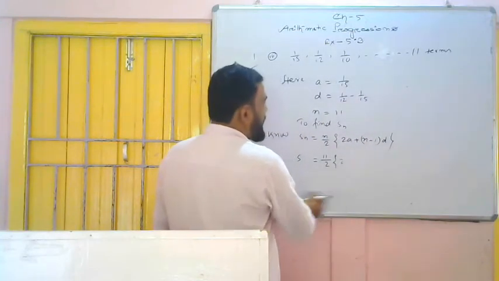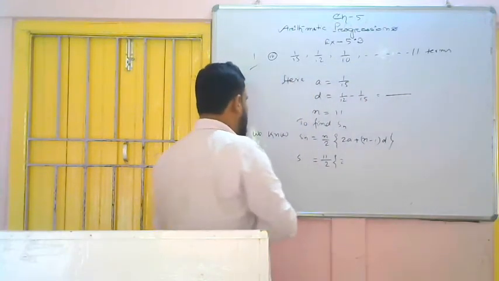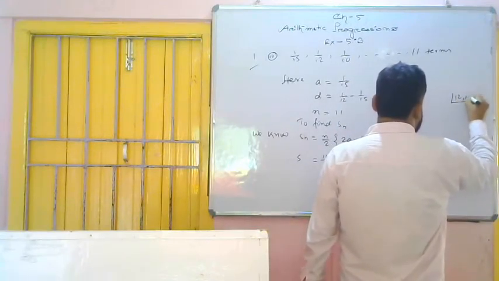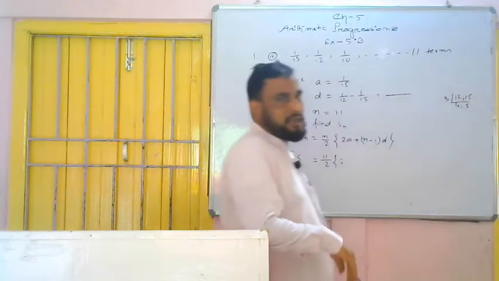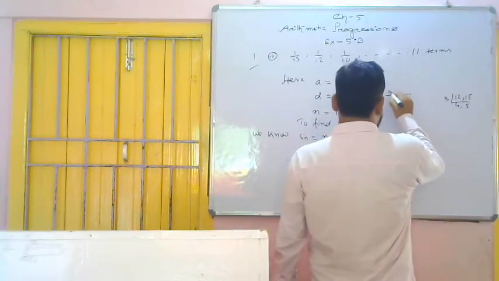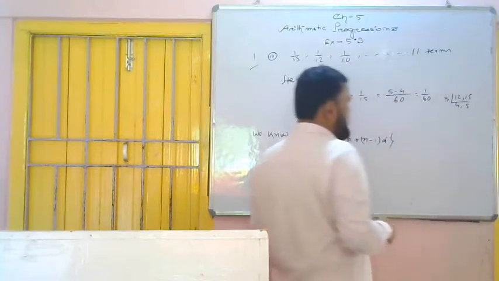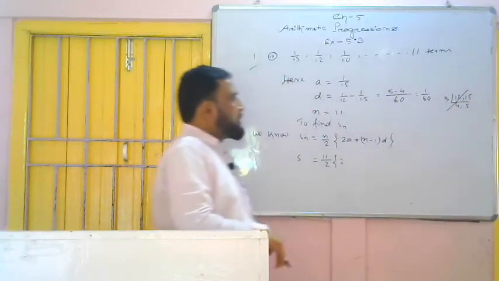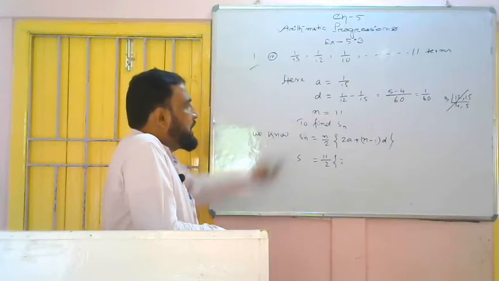Here we find d. Find the LCM. 60 is the LCM, so d is 1 by 60, and n is 11.